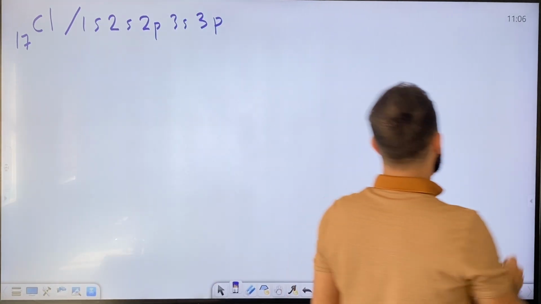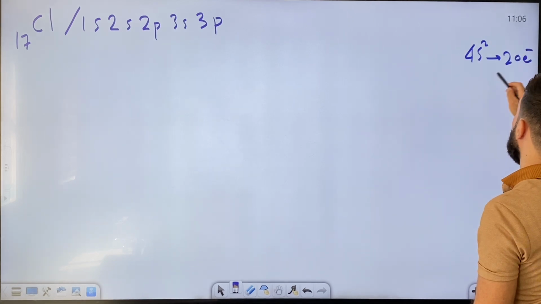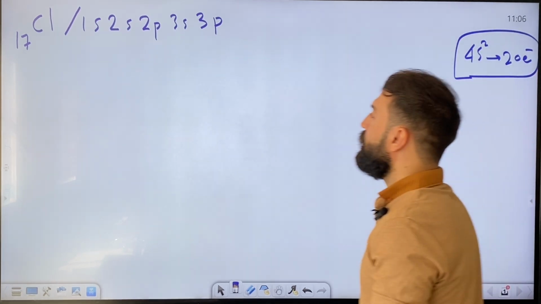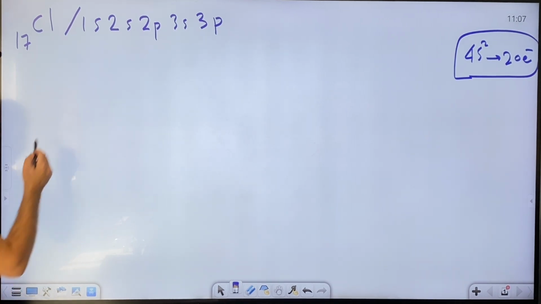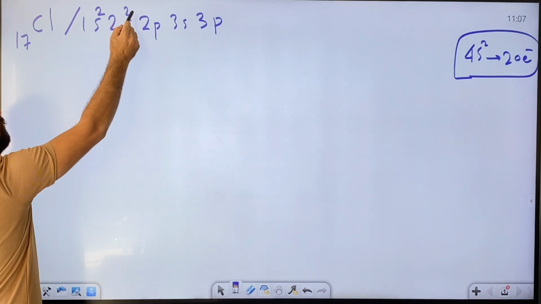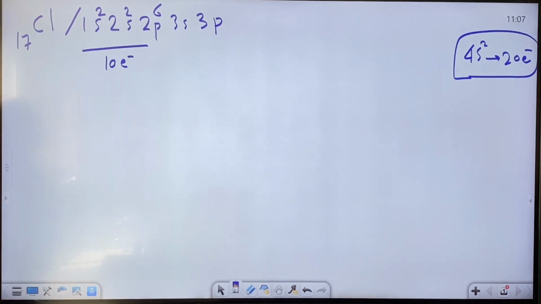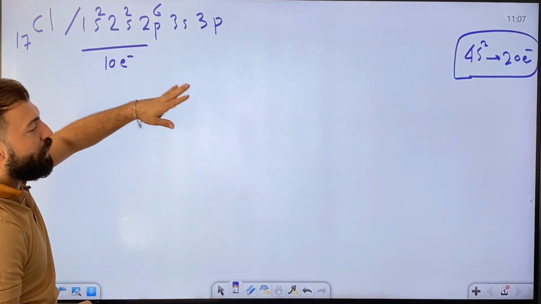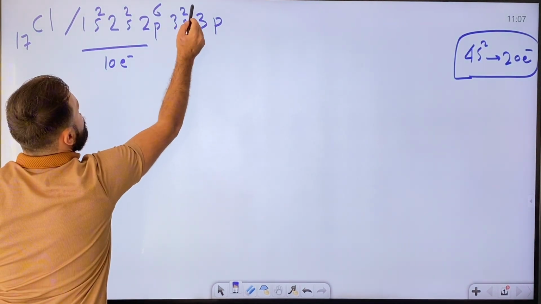Just remember that if you reach 4s2, that means you have already used 20 electrons. But you don't need to reach 4s2, since you have 17 electrons. Let's distribute them. The s takes 2, so 17 minus 2 equals 15 remain. Then 2 and 6, this is 10 electrons in total. I fill it from the s going up according to increasing energy. The 3s2 also and the 6.